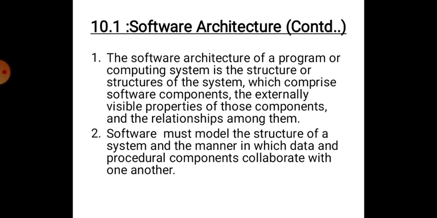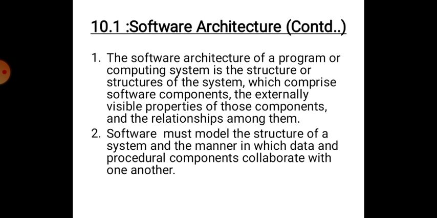Students, speaking about the software architecture, we should talk about various software components that a system comprises of, and also external properties amongst the components, and also how the various components are related to each other.